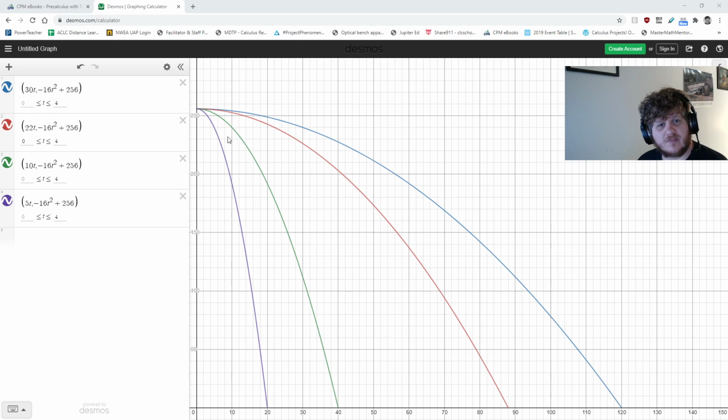They end up being similar shapes, and based on the same range for t, for your time, they all end up hitting the ground at the same time. All that changes is how wide or narrow this parabolic arc is. So that's the big idea here.